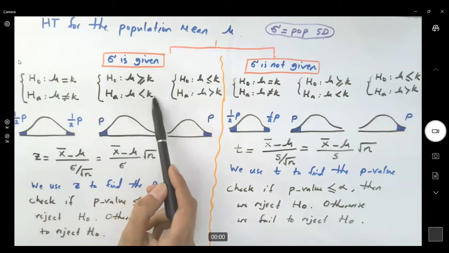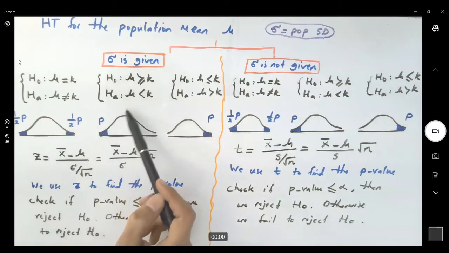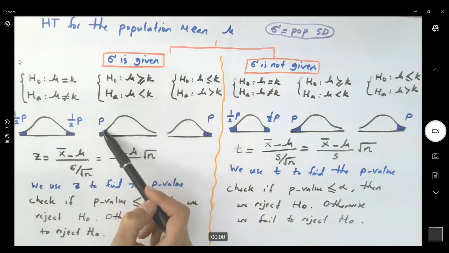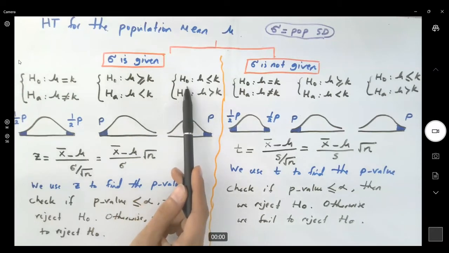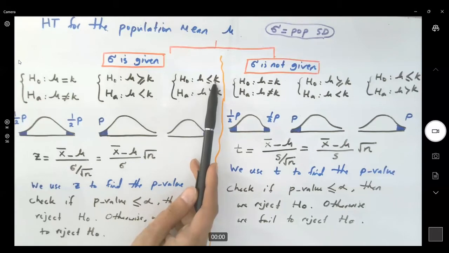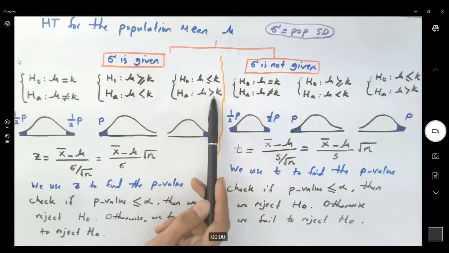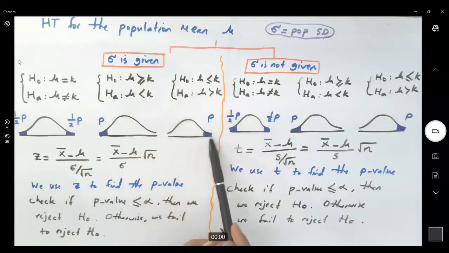When mean is less than k, the p-value area is on the left side. And finally, if your null hypothesis says mean is less than or equal to k, its complement says mean is larger than k, on the right-hand side. We get a right-tailed graph.